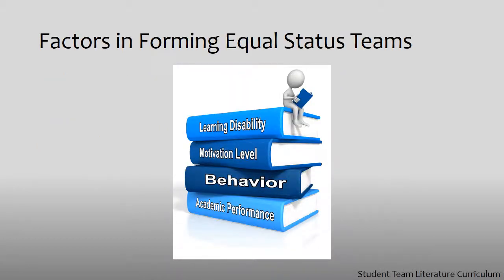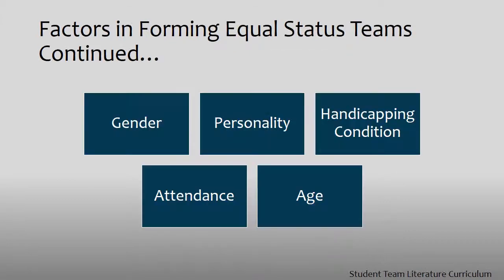There are important factors that should be considered while forming equal status teams. These factors include student behaviors, levels of motivation, academic performance, and identifying students with learning disabilities. Additionally, student personalities, ages, attendance records, gender, and also any handicapping conditions should be considered.